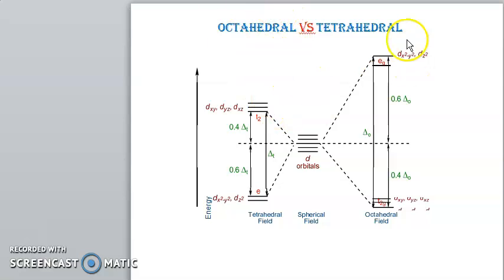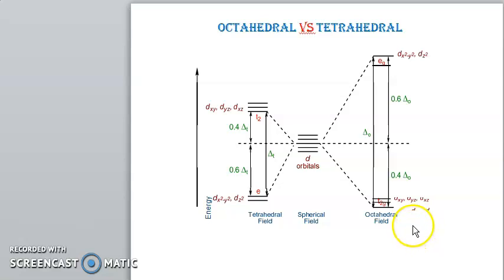Here is the difference between octahedral and tetrahedral complexes. This is your d orbital in a spherical field, or ground state. When you apply energy to this d orbital, it gets split. In the octahedral field, you get this T2g orbital set and this Eg orbital set. This is the octahedral splitting.